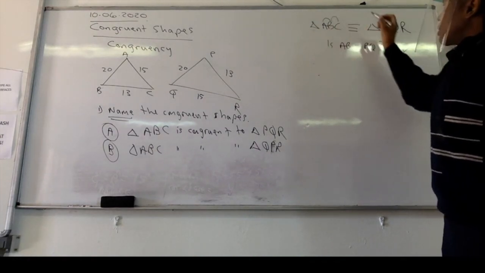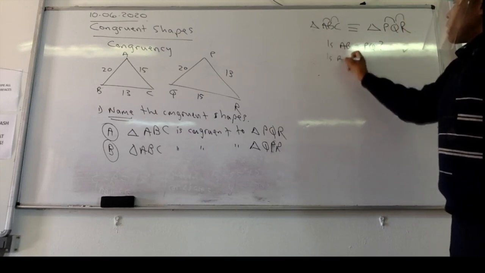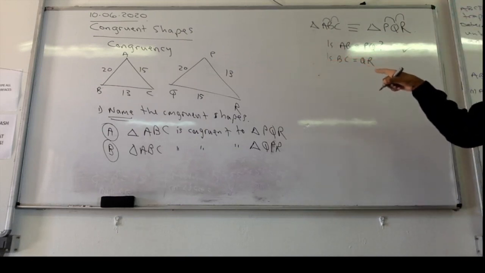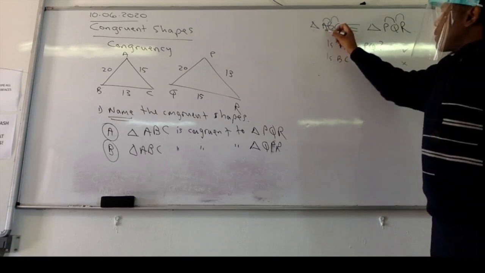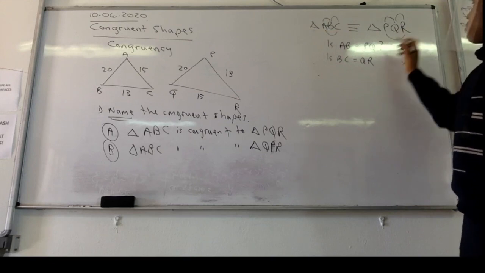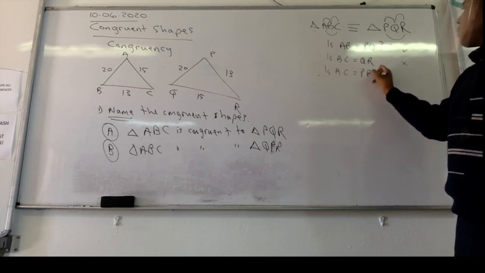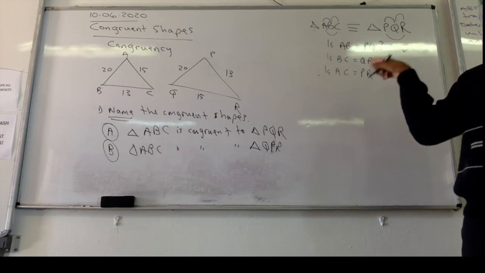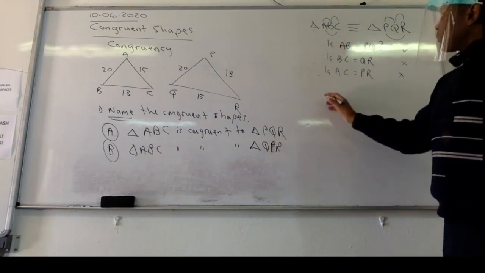Also, the length BC and the length QR should be equal. Is BC equal to QR? Look at the diagram. They are not, right? Okay. And then the length AC and the length PR. Is AC equal to PR? No again. Okay, so you know that you did not name them properly.